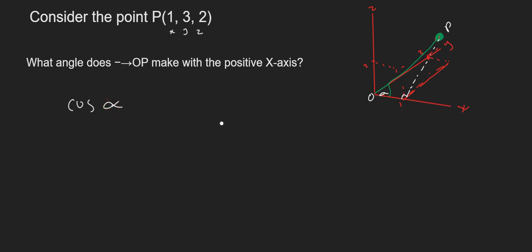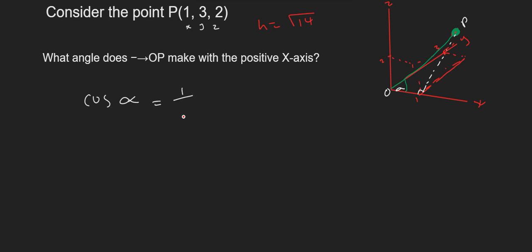I call it alpha, and because it's cos, look at the adjacent, which is x. x is 1 all over the hypotenuse. From the previous problem, we said our hypotenuse was root 14. Then you solve your angle here, do the correct computation. If you really did well in your computations, you're just going to land an answer like the one on screen.